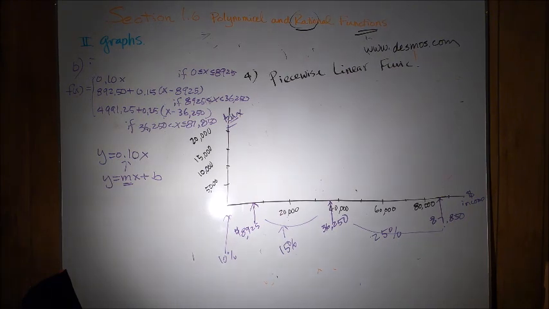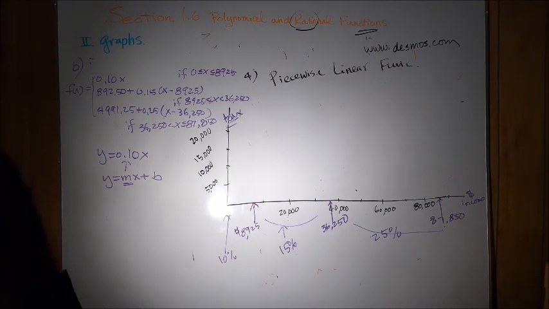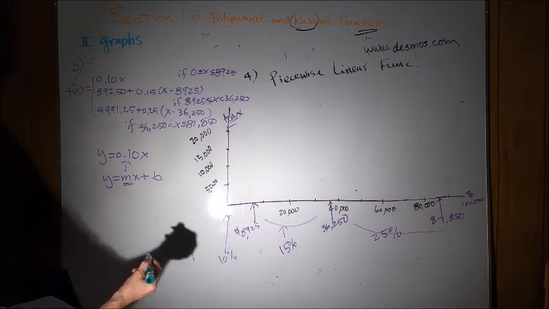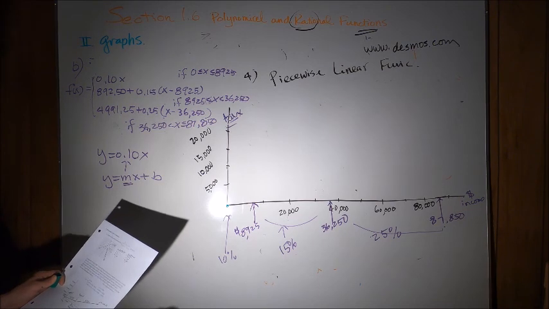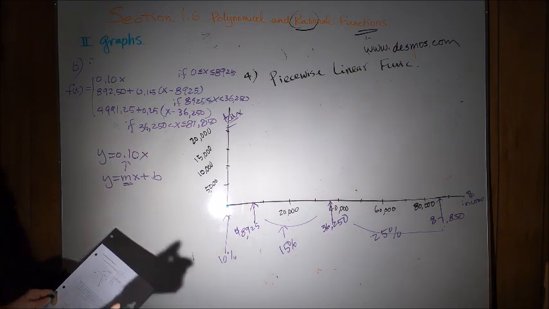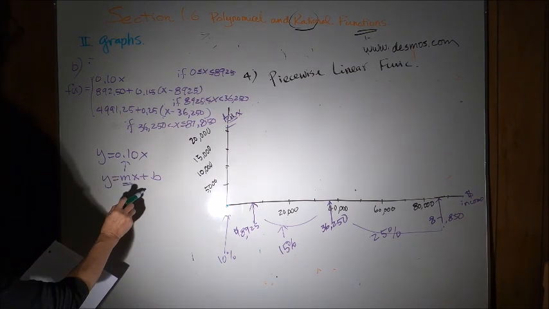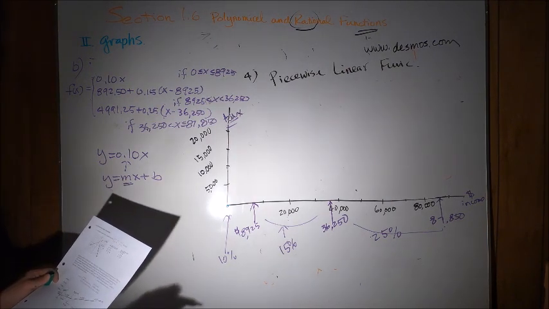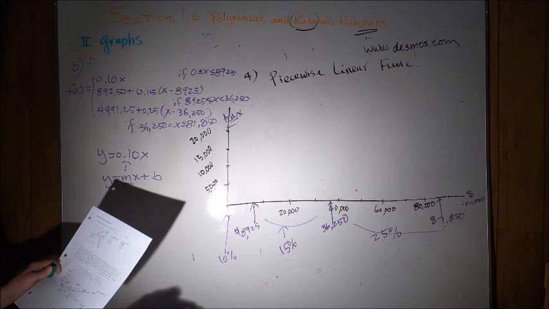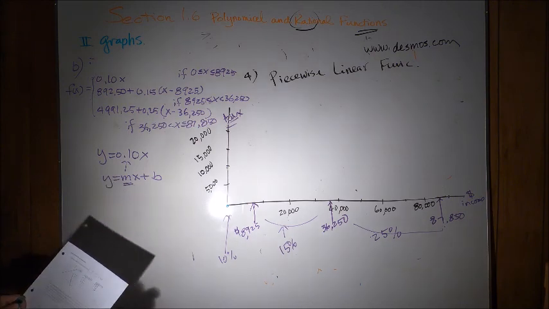At $0, you pay $0. At 8925, you times 0.1, so you pay what? $892.50.